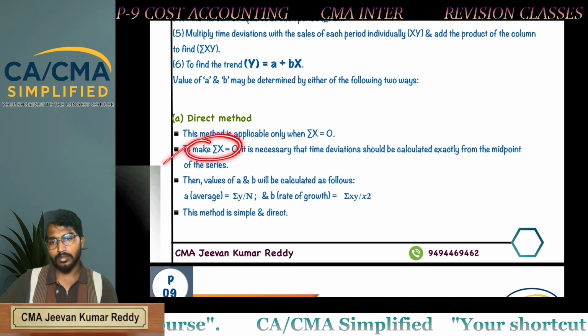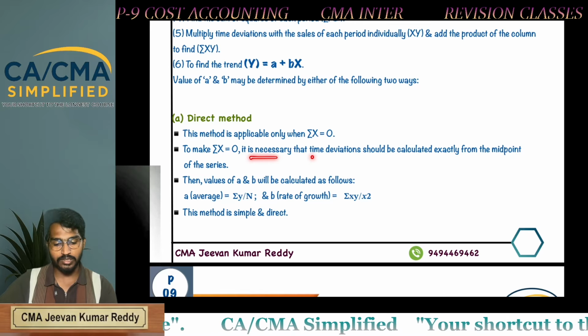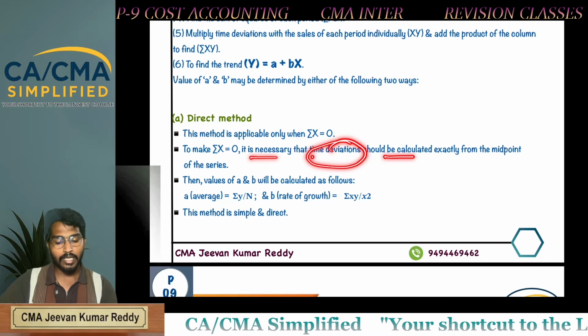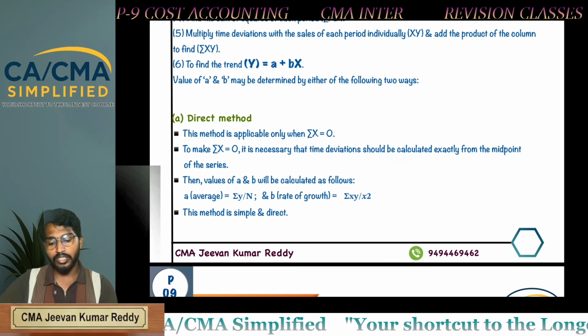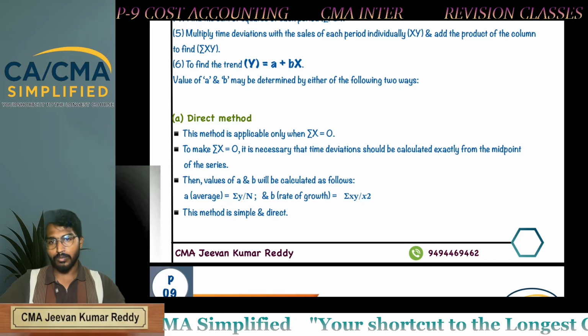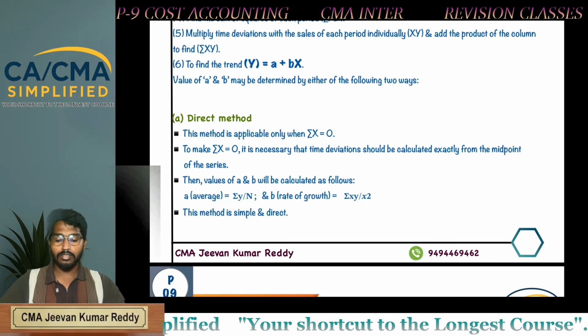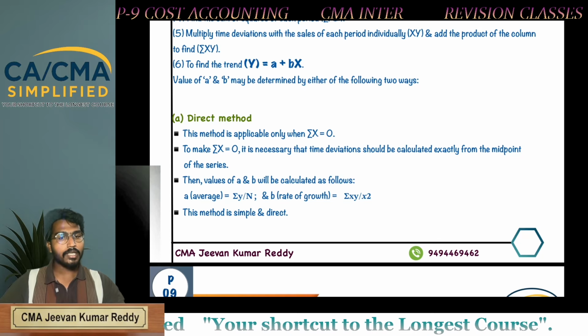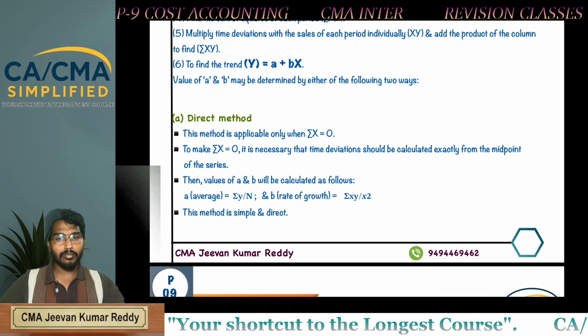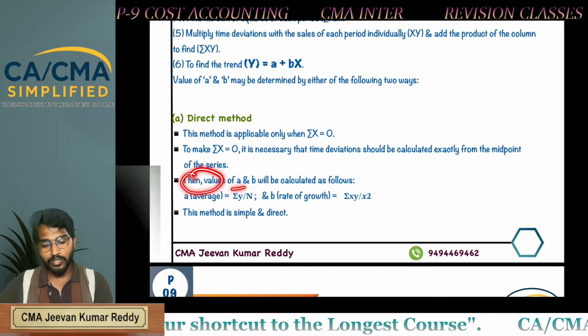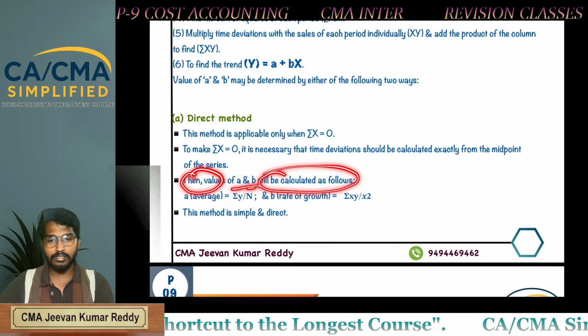To make summation x equal to 0, the time deviations must be calculated exactly from the middle of the series. That means the base value must be calculated from the exact middle point. Then the values of a and b will be calculated as follows.